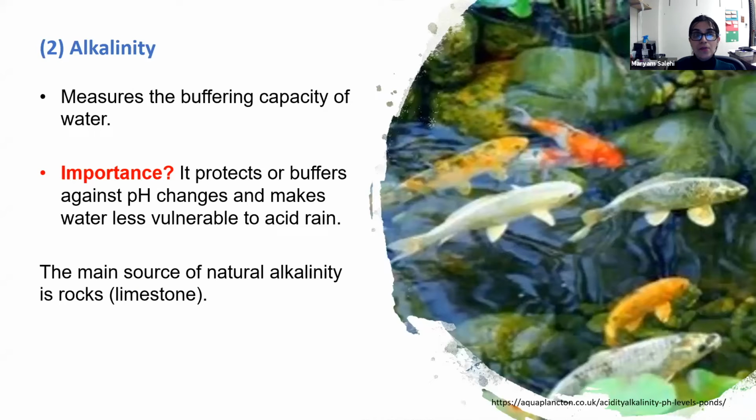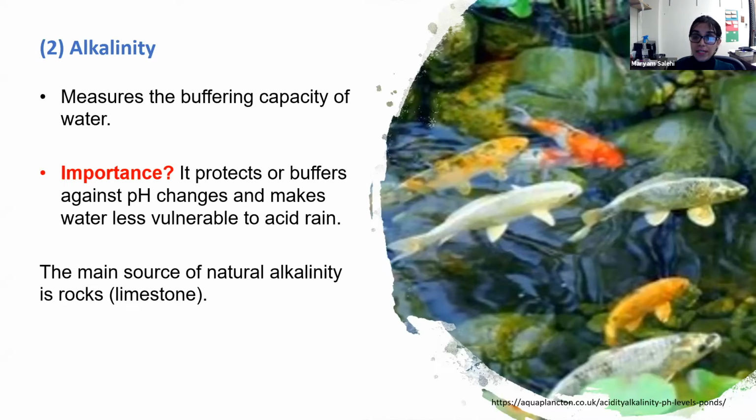The other parameter is the alkalinity. Alkalinity is the buffering capacity of the water. It shows how much resistance we can have toward the change and reduction of the pH. It's important because definitely you heard about acid rain.